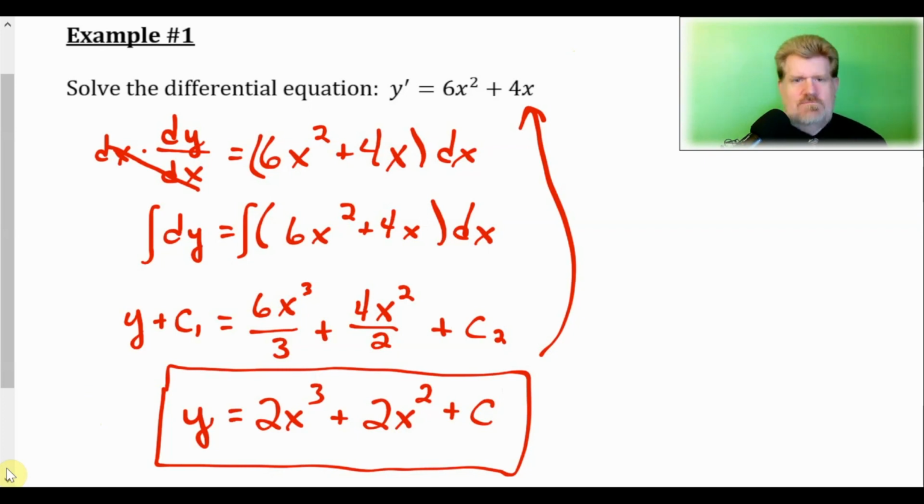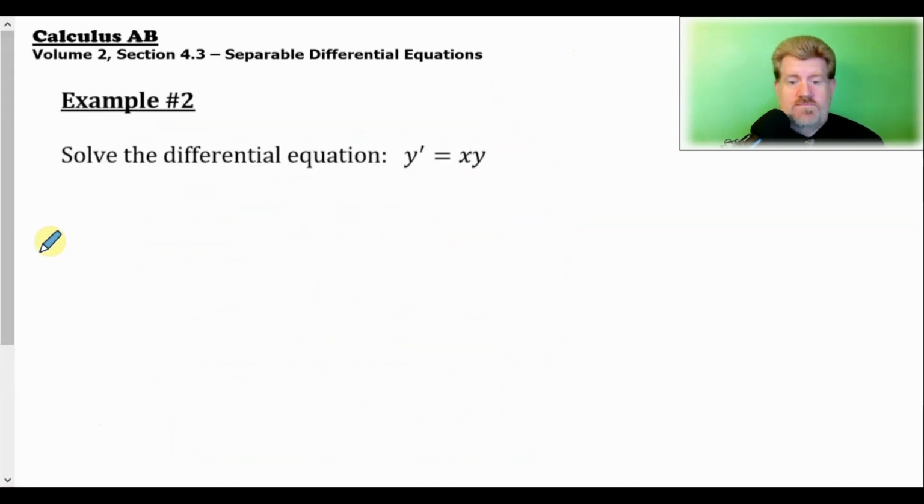Now, let's put some meat on it. Let's figure some other things out that we haven't quite done yet. All right, first thing I'm going to do, rewrite that as dy dx. Multiply both sides by dx.